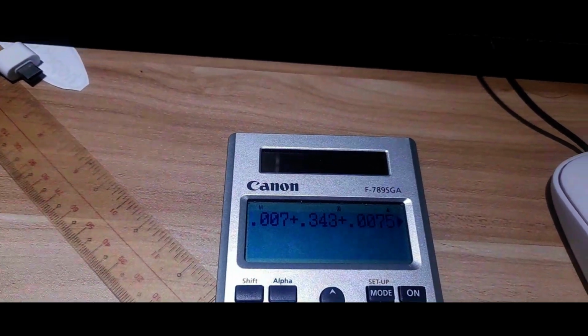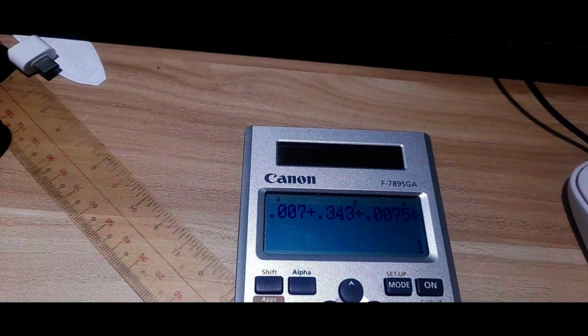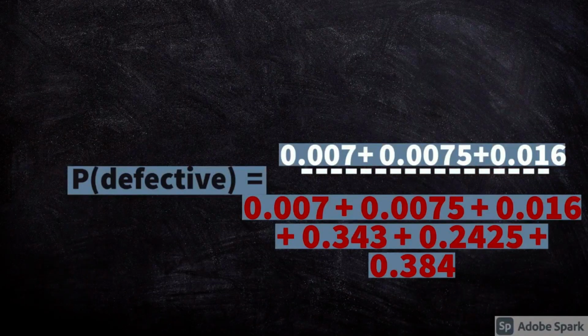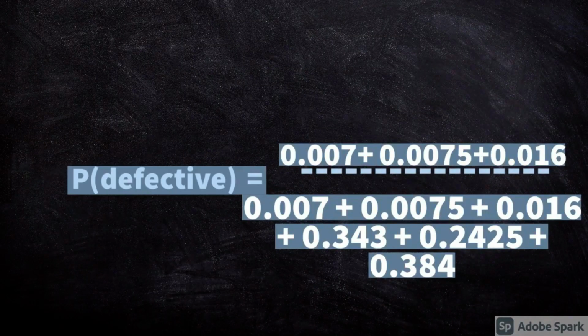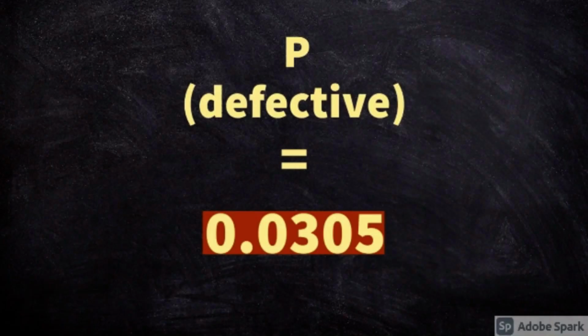And then the probability of the defective is equal to 0.007 plus 0.0075 plus 0.016, all over the sum of all the ends: 0.007 plus 0.0075 plus 0.016 plus 0.343 plus 0.2425 plus 0.384, which is equivalent to 0.0305.